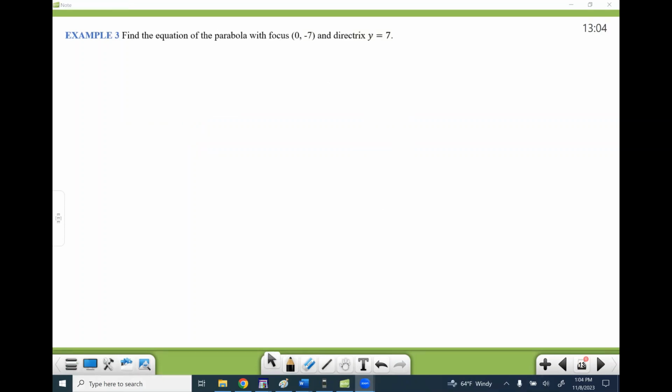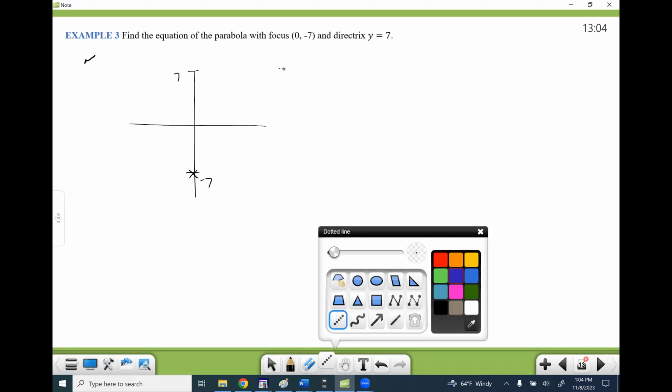Okay, example 3. So let's go ahead and kind of draw a picture of what we have so far. So we know that we have a parabola with a focus at 0, -7. So let's pretend that's -7, and that's where the focus is going to be. Okay. Then we're going to have our directrix at +7. Something like this.